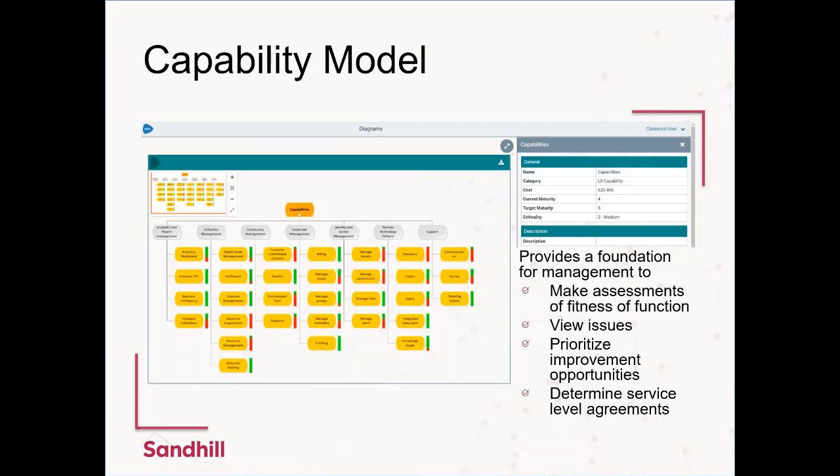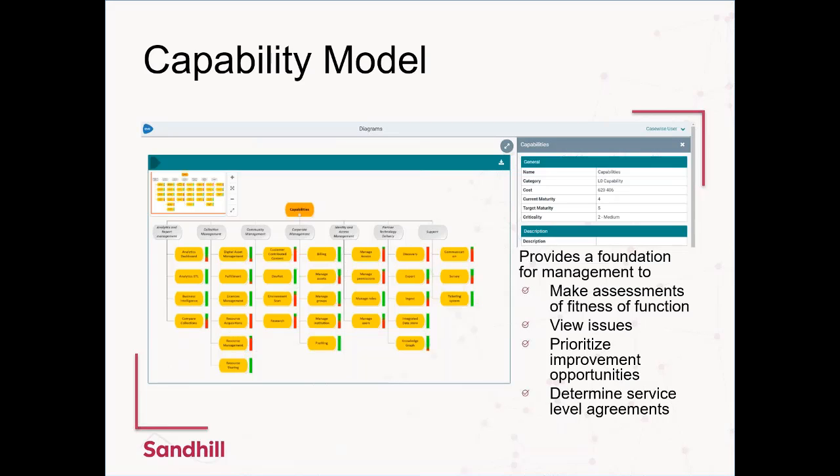What I'm showing you here is a view of the capability model. As part of understanding the enterprise architecture, the capability model asks: what is my enterprise capable of doing? What functionality is it providing in order to deliver upon the strategic imperatives of the enterprise?